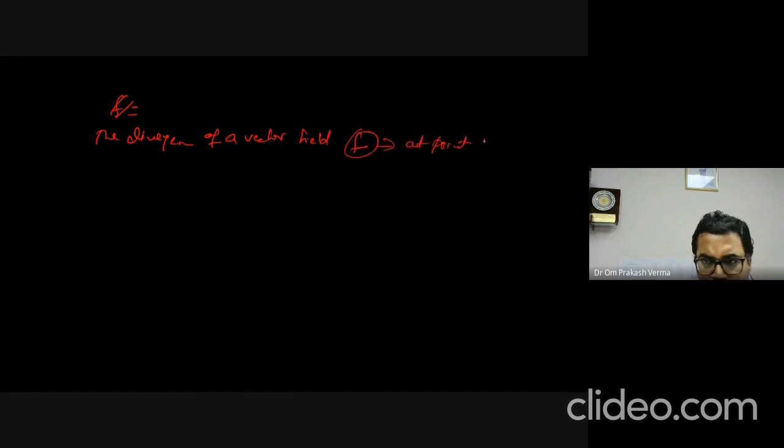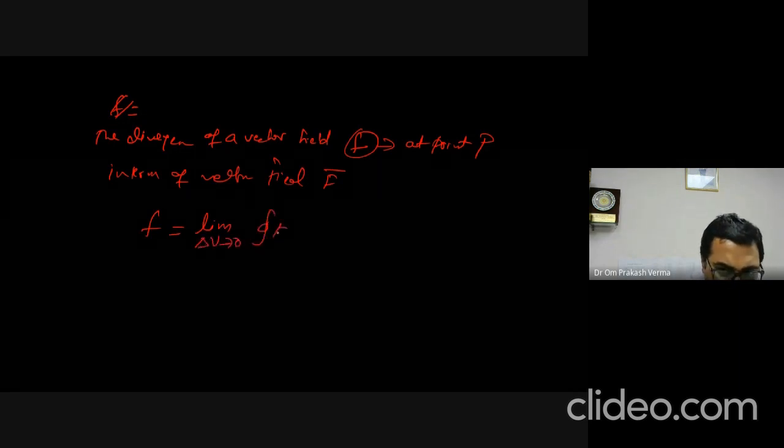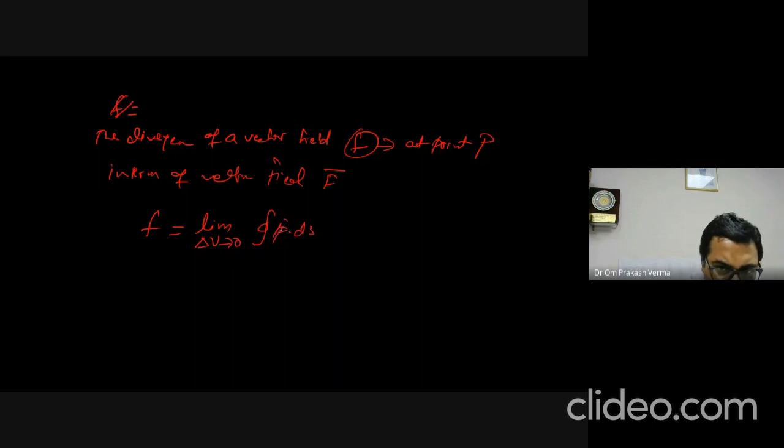We have already seen in the picture point P in terms of a vector field. The scalar field is defined as the limit as delta V tends to 0 of the enclosed integral of F dot dS. How do you calculate it?